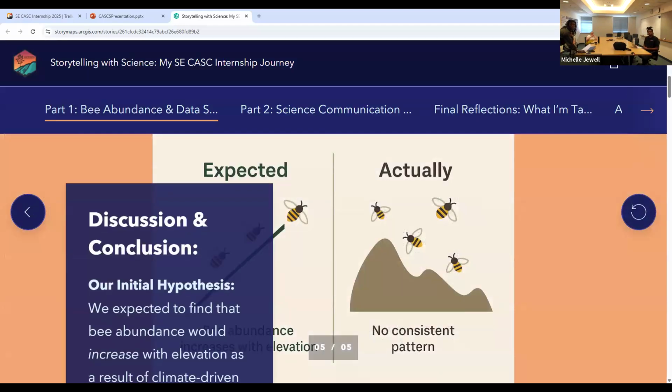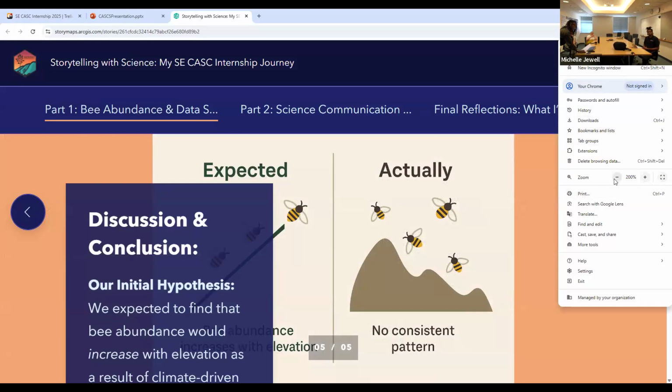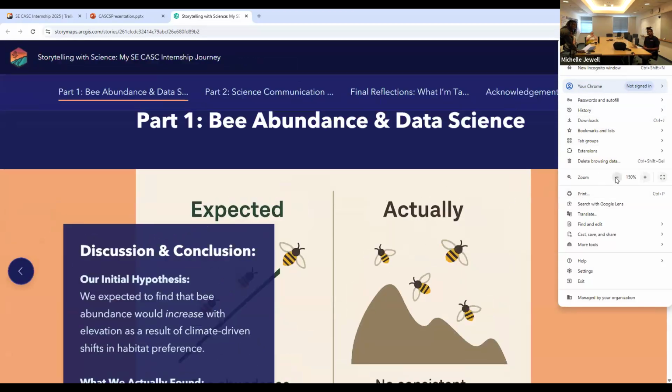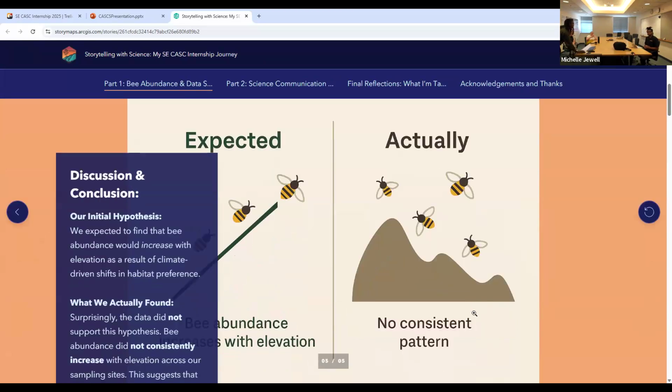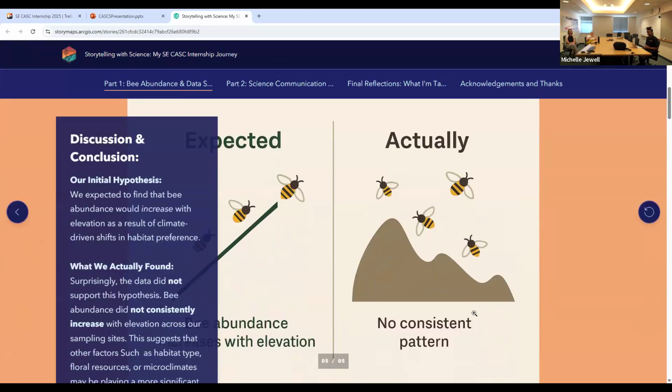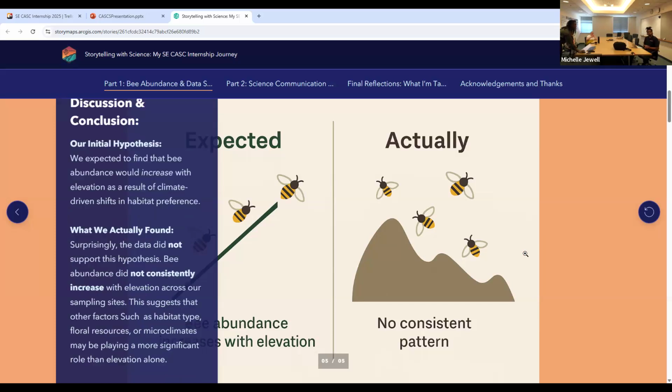And for our discussion, although we didn't prove our hypothesis, so the bees are not moving up in elevation, we discussed that maybe there's other reasons or other factors that could possibly be looked into. Maybe they are more responsive to a habitat type. Maybe that's the reason why they would change their location, or maybe more specific to the resources that are available to them.